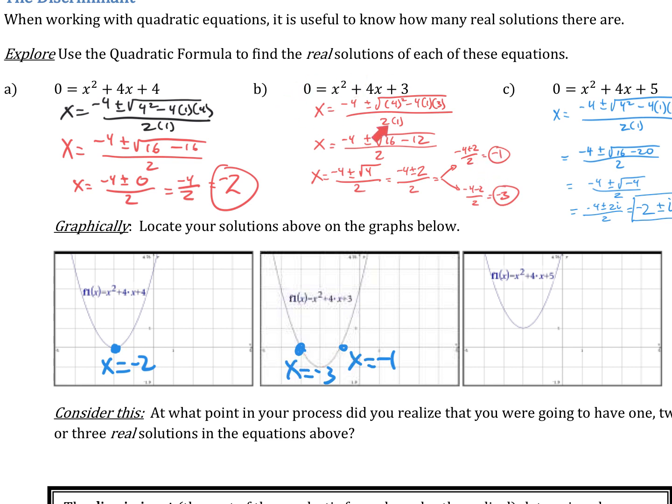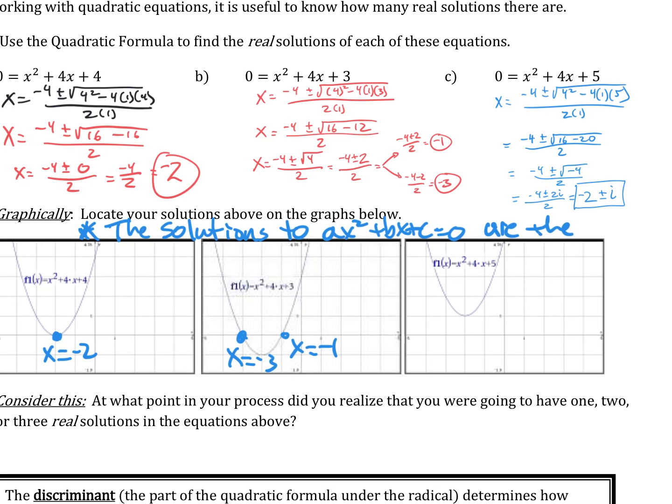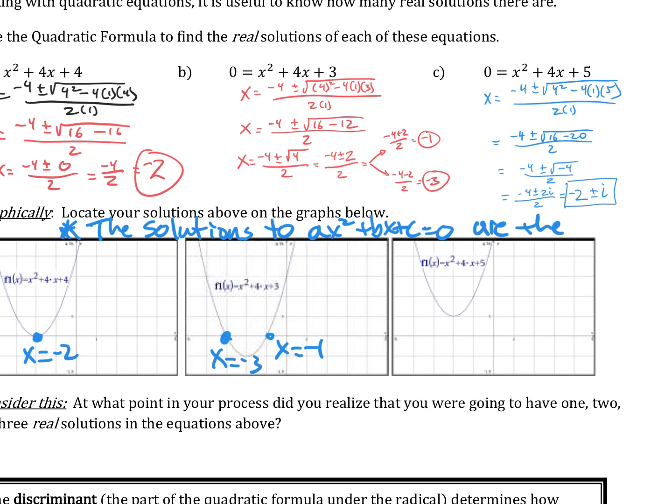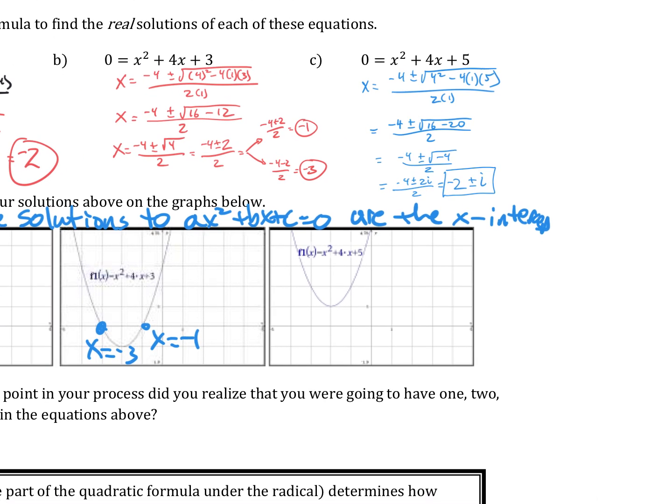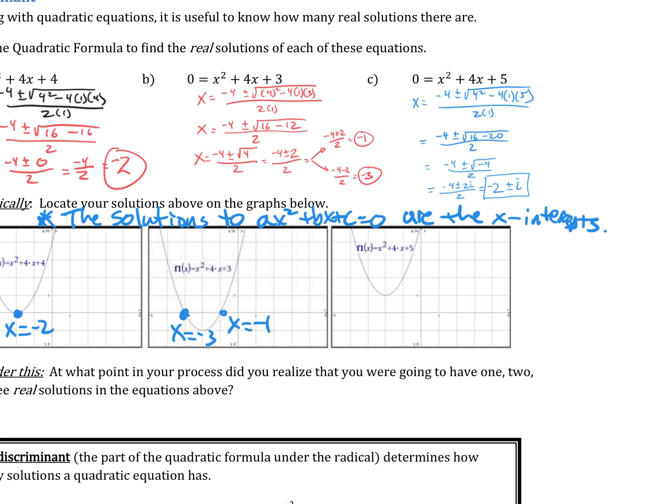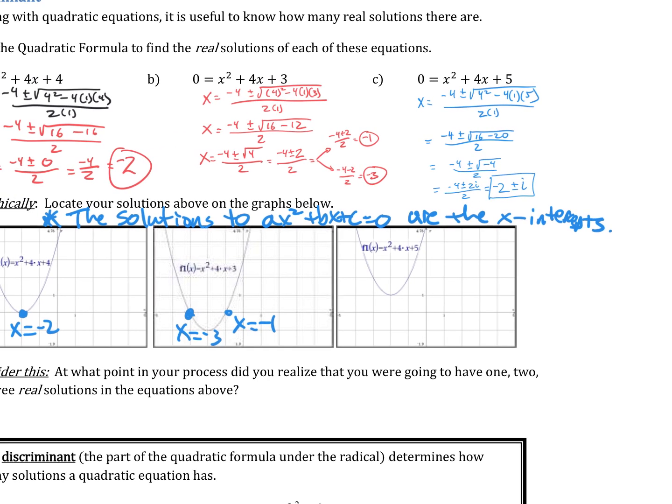So the solutions to this standard form equation are the x-intercepts. That's a big important thing to understand. So the solutions to ax squared plus bx plus c are the x-intercepts. Now, what happens if we don't have any real solutions? Well, there are no real x-intercepts. So this graph does not cross, because we have no x-intercepts.